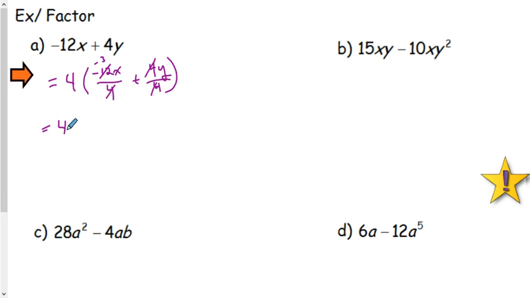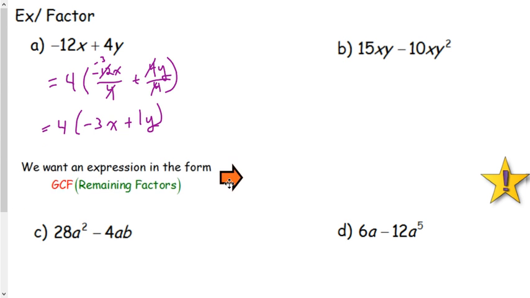So I'm going to have a 4 out front, negative 3x plus 1y, or just plus y. So what I've done is I put a 4 out front, and I've divided every term by 4, my greatest common factor.